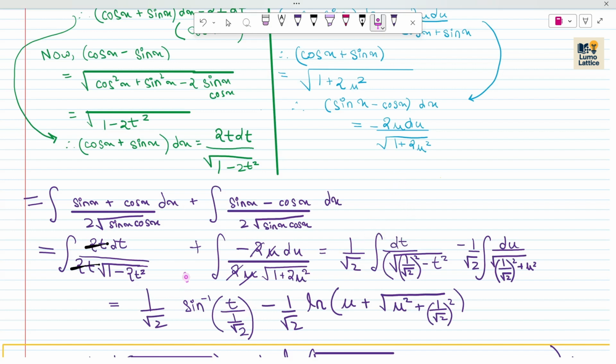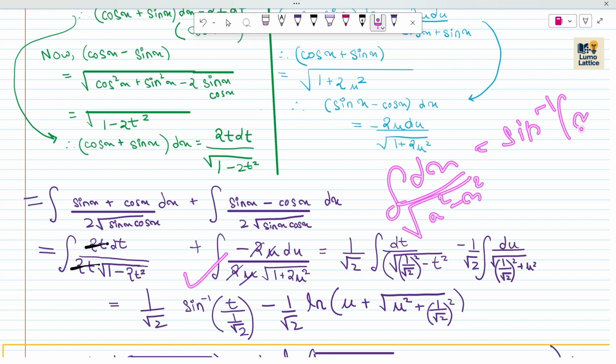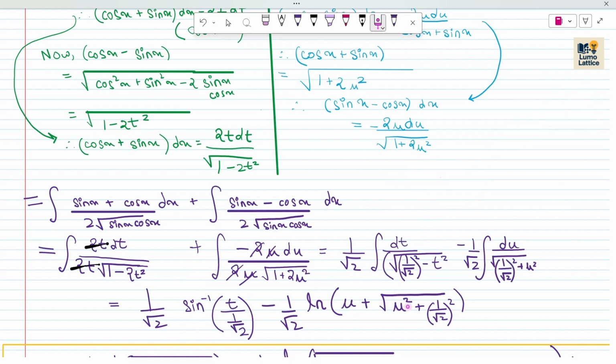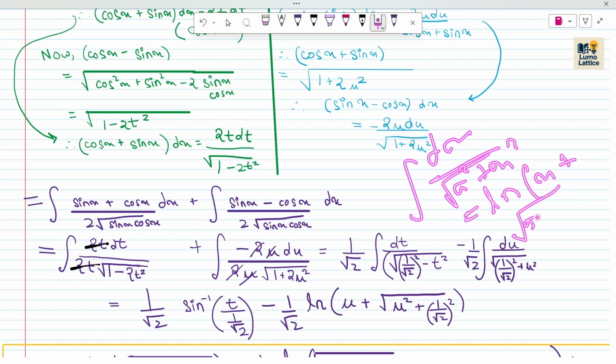On this side we have applied the formula dx by root over a square minus x square, which equals sine inverse x by a. And on this side we have applied the formula dx by root over a square plus x square, which equals ln of x plus root over a square plus x square.